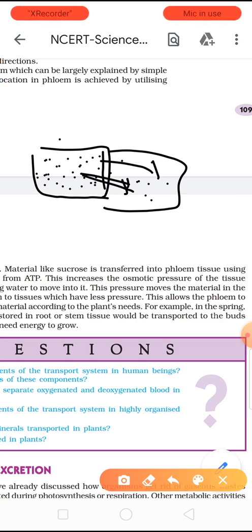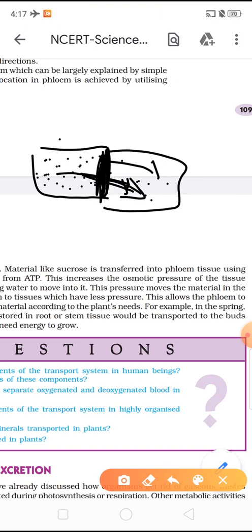When the water is moving, after some time a pressure is applied on the wall, and this pressure will not allow all the water molecules to move into the other cell. So this pressure is called osmotic pressure. What this osmotic pressure does is it will not allow the water molecules to move into the neighboring cell.